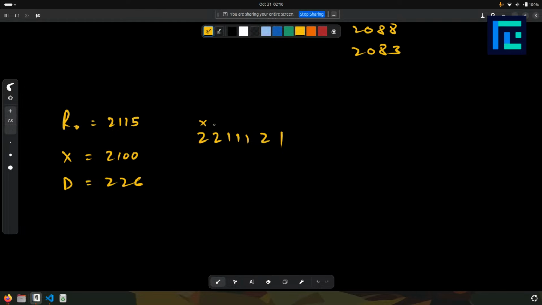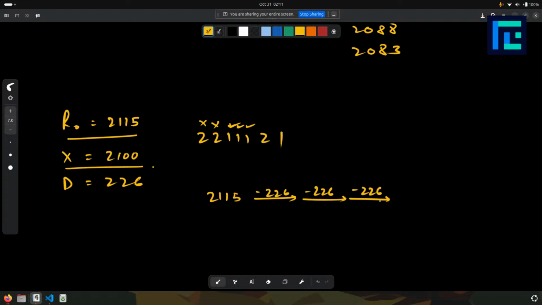So we will not be able to participate in these two contests since our R0 is greater than X. But then we can participate in these 3 div 1s, and our rating can go from 2115 minus 226, minus 226, minus 226. So this will be somewhere around 1400, which will obviously be very much less than X. So we can participate in these two as well. So the answer will be 5.